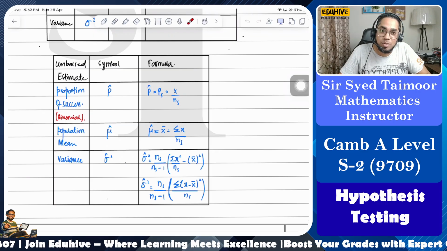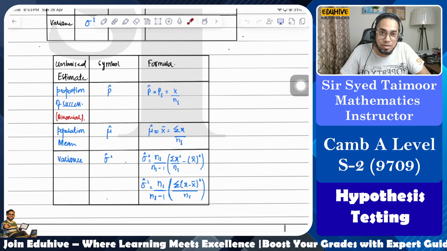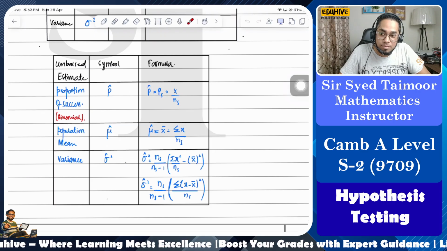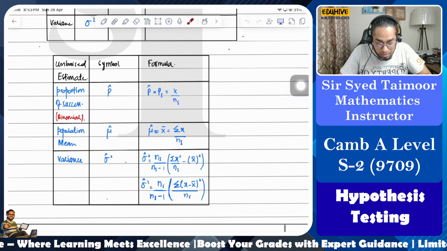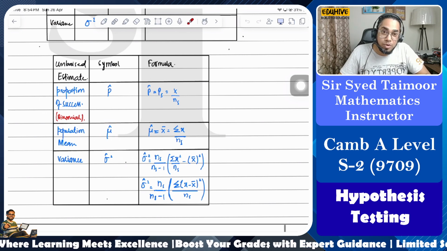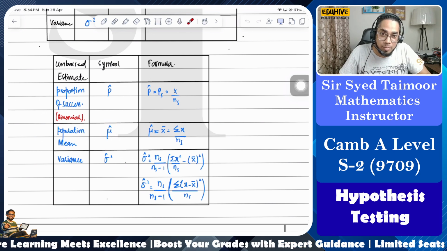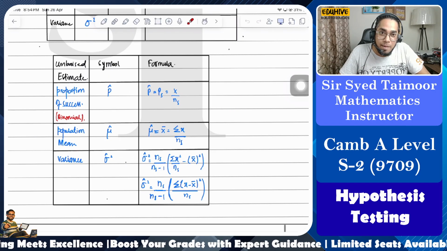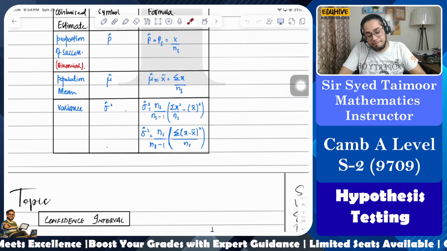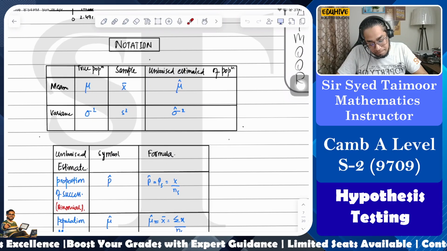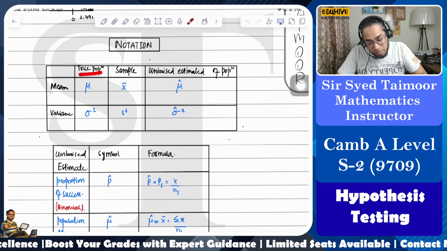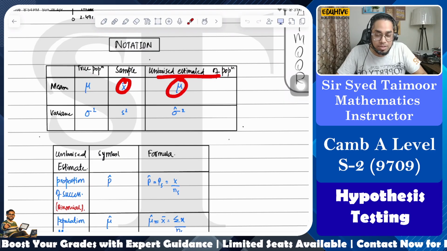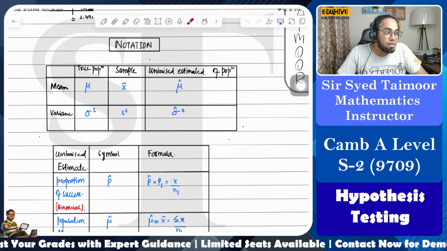When they are asking about the sample mean, go for X bar. Mu cap is the unbiased estimate of the population mean, and mu only is the population mean. True population mean is this, sample is this, and unbiased estimate of the population is this. Okay.